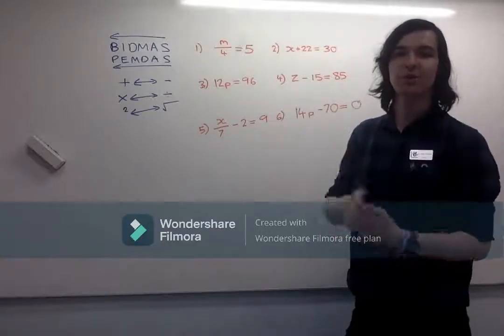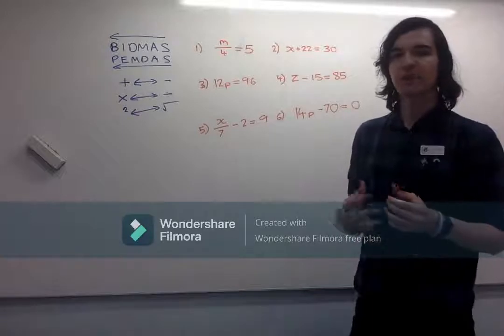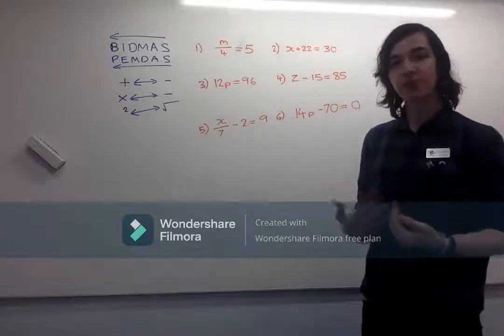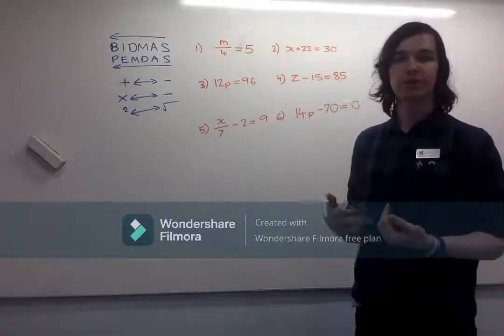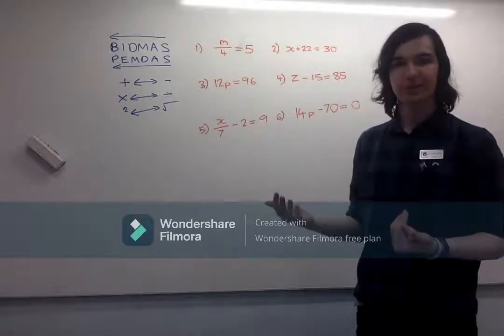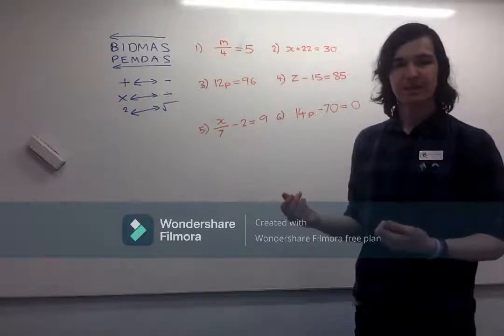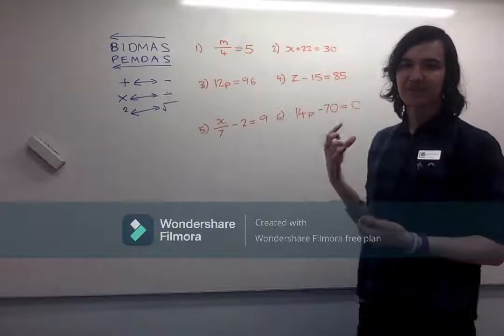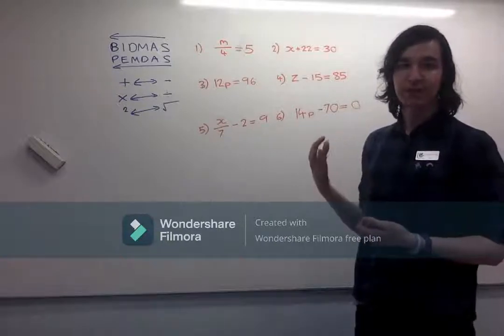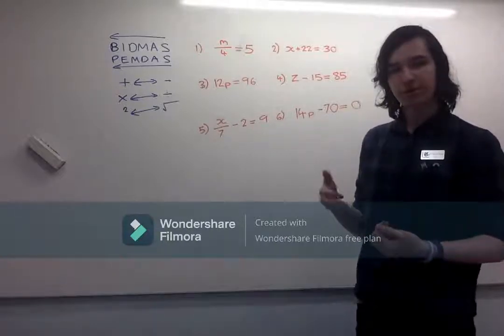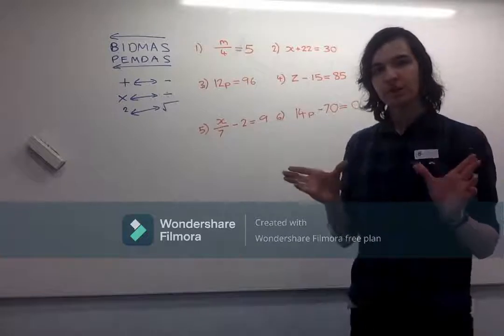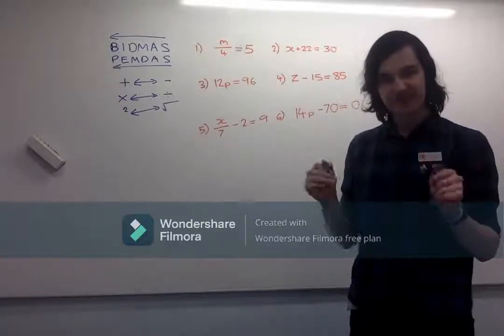But solving equations is what we're going to do now. This is basically finding out the value of our unknown, so the letter involved. Now it's important that we get this in the form of an equation. You'll notice that we've now got equations because we've got an equal sign, and we've got information on both sides of it as well.